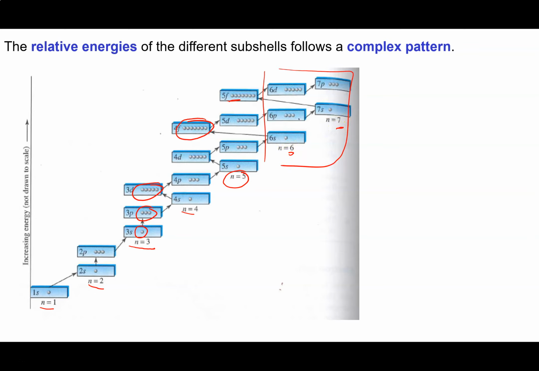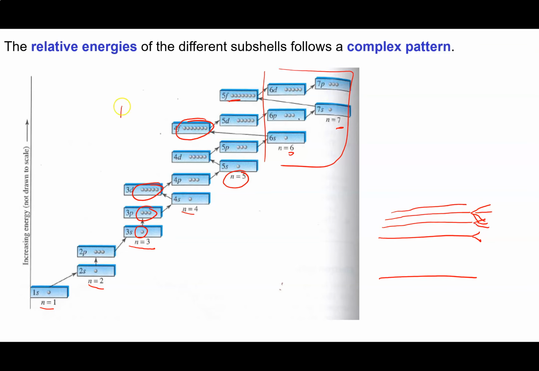The difficulty is the pattern starts quite obvious, but as we go to higher shells, the layers kind of bunch up, and then when we split these shells out into their subshells, it starts becoming an awful mess, and they start overlapping with one another.